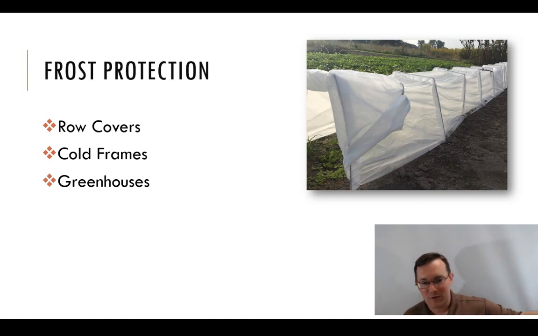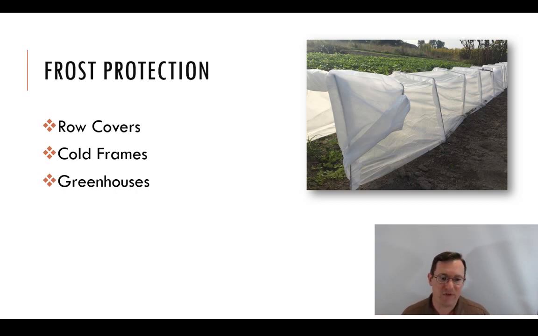But I have them over a row of leaf lettuce, black-seeded Simpson leaf lettuce, and some Swiss chard. And right now I've got it on there to help shade and help keep those plants cool because they're a cool weather crop. But I've got the ends open, so it's still allowing airflow through, and it's helping keep them cool.